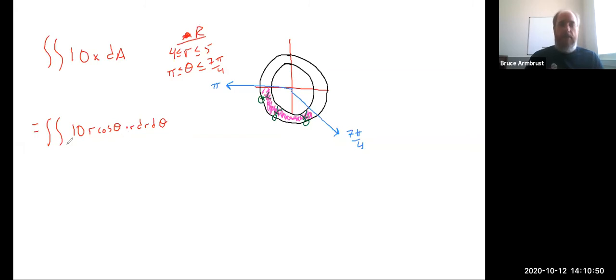So my bounds on r are going to go from 4 to 5, and then the thetas that we sweep out are pi to 7 pi over 4. And at this point, you know what to do. You can just do your integrals and call it good.